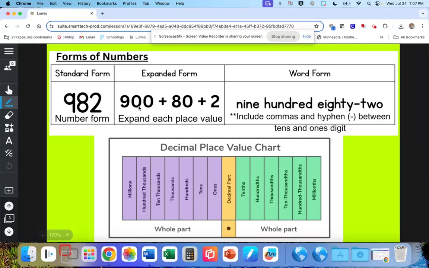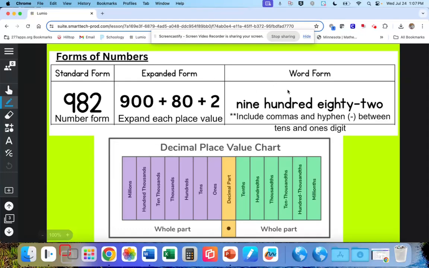Expanded form expands out each place value. So if we have the number 982, we have 9 hundreds, we have 8 tens, so 80, and then we have 2 ones. And we would want to expand them out. Notice we only have one digit, and then we put zeros in as placeholders.